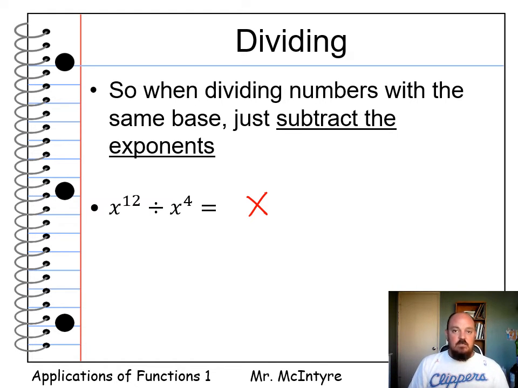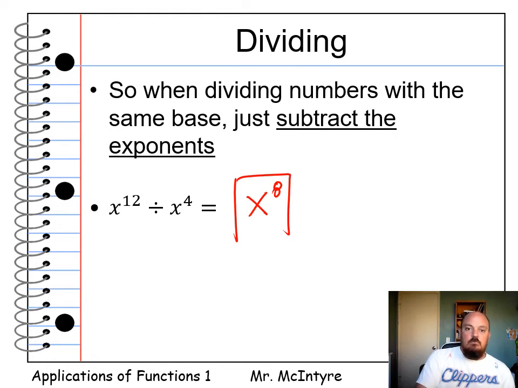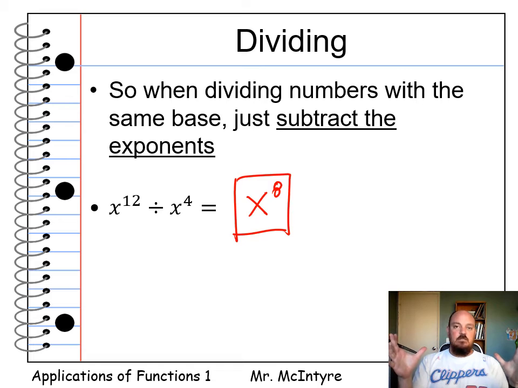But to find the answer, you subtract. I'm starting with 12. I'm getting rid of 4. 12 minus 4 is 8. And I'm done. It's that easy. Because what you're really saying is exactly how I worded it a second ago: you're starting with 12 x's, you're dividing or canceling 4 of them. How many are left? 12 minus 4 is 8.